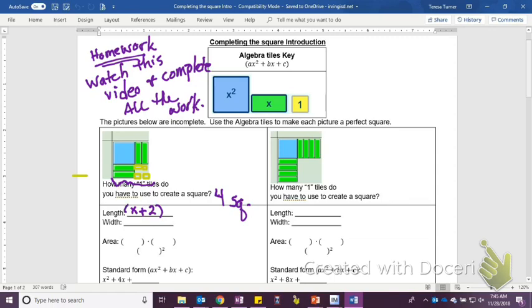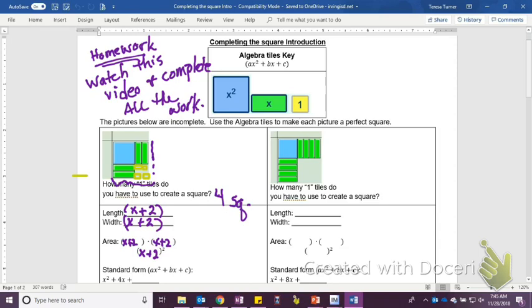The width, we have the length of x plus 2 more. So those are the dimensions of our square. Then we want to calculate the area. We have to multiply the length times the width. So we have x plus 2 times x plus 2, which works out to be x plus 2 squared.